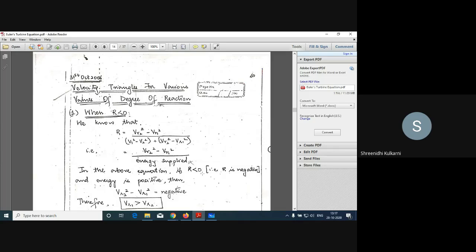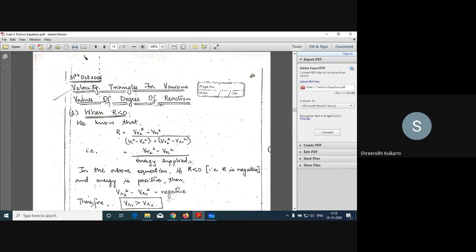If we draw the scale, plus 1, plus 2, plus 3, plus 4, and below it minus 1, minus 2, minus 3, so that's why here also R is negative.